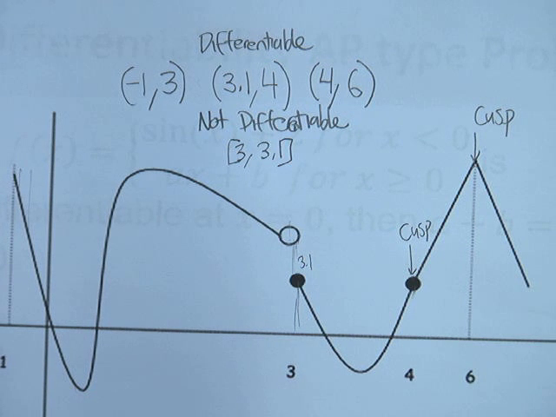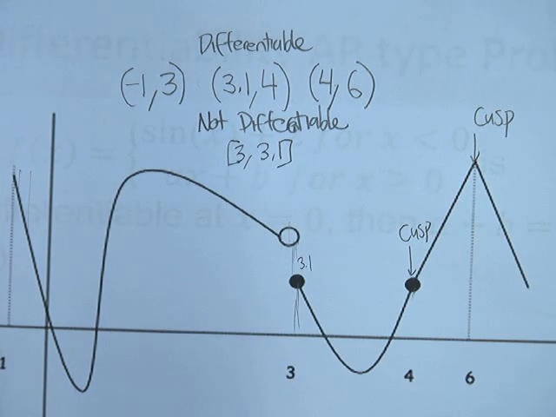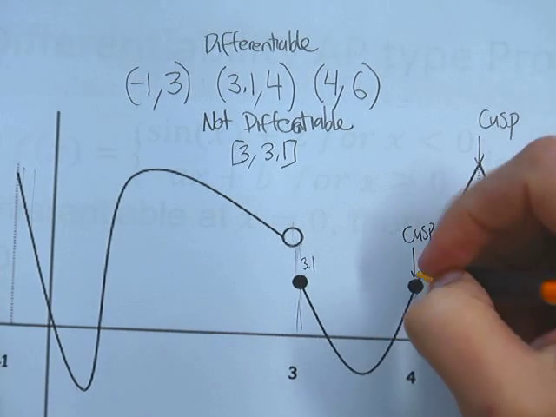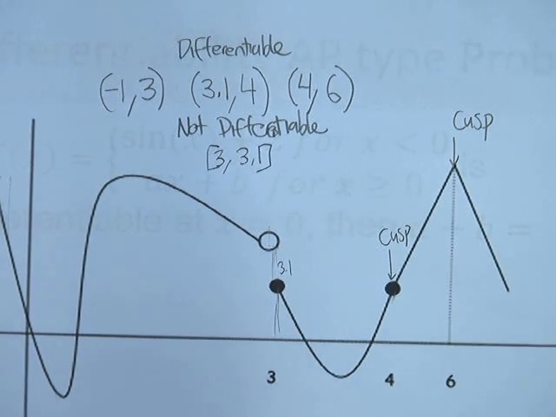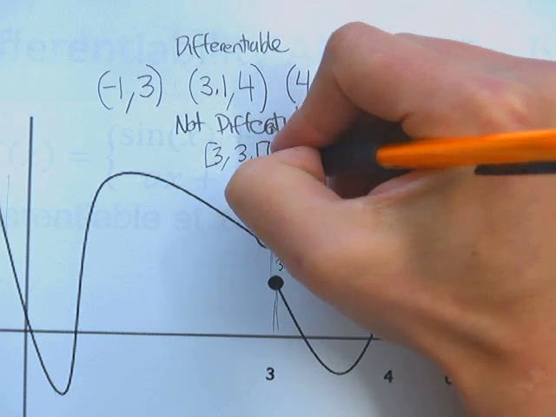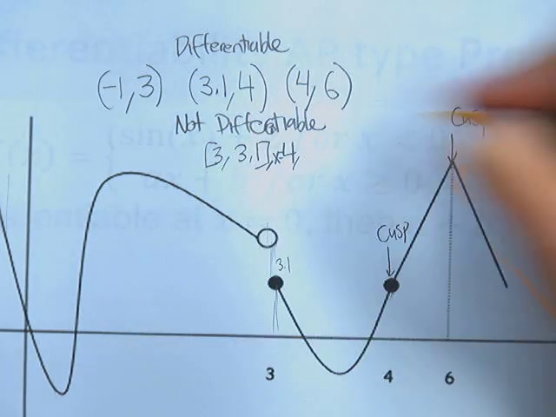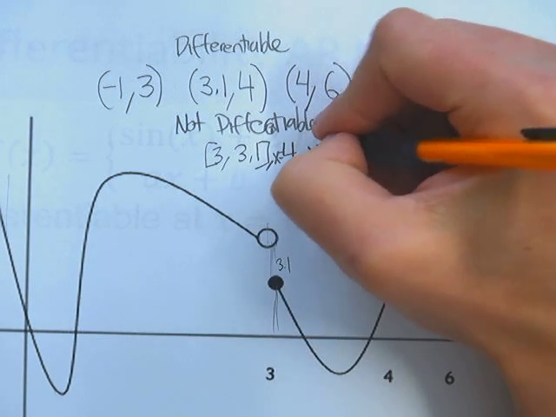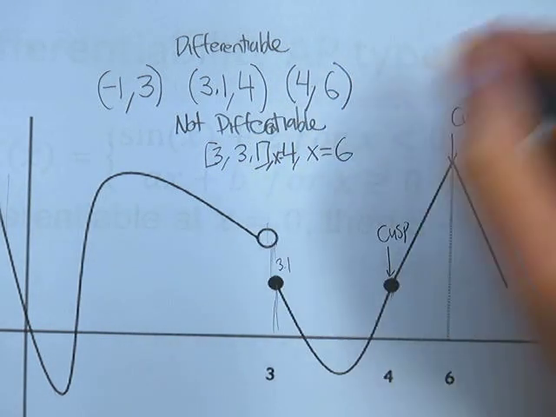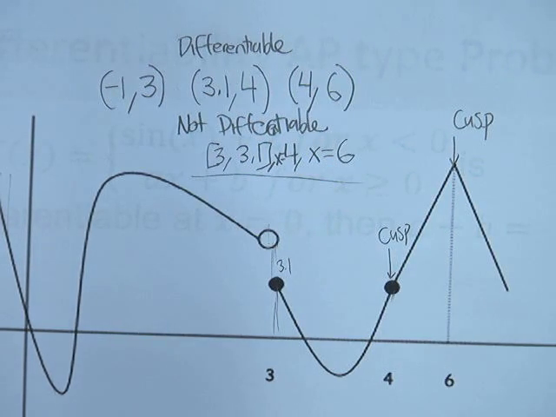Because it's not differentiable at those 2 points, for the same reason it's not continuous at those 2 points. And then here at our cusp at 4, and at our other cusp at 6. And so if we had to say all the spots where it is indifferentiable, that's how we'd go about saying it.